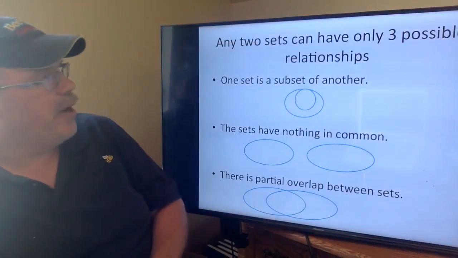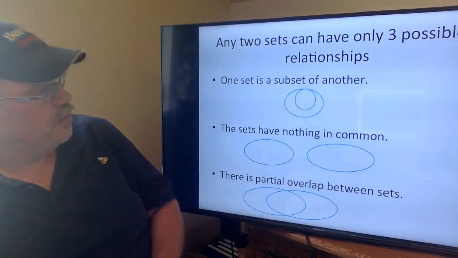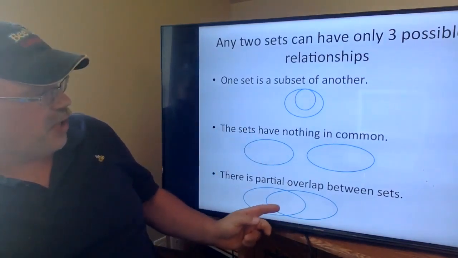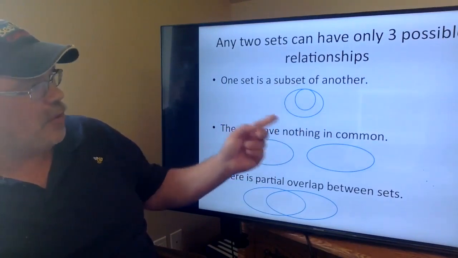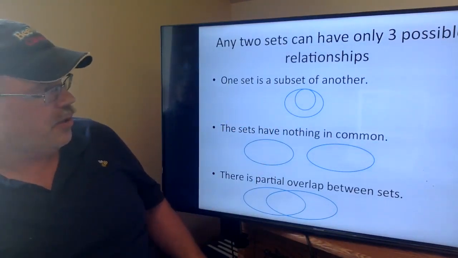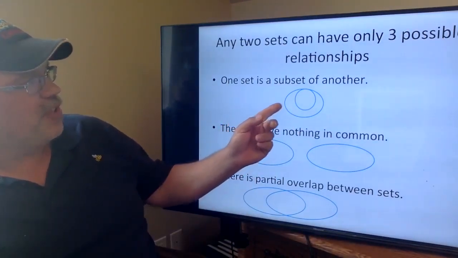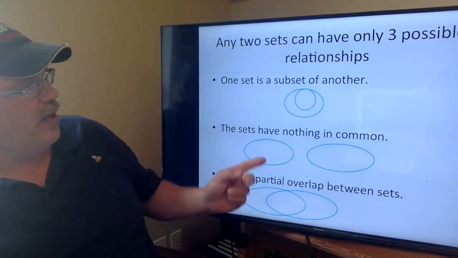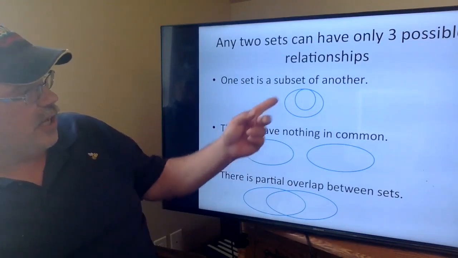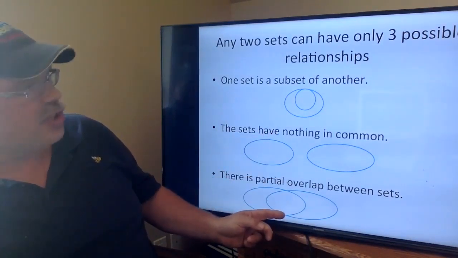Looking at these diagrams a bit more, this is the insight Venn is trying to understand: for any two sets, if you represent them visually with circles, so that the members of the set are inside and non-members are outside, then any two sets can only have a few possible relationships.